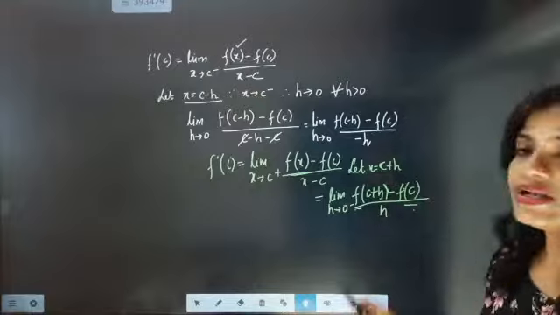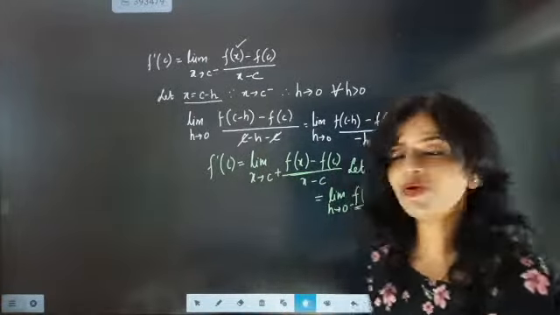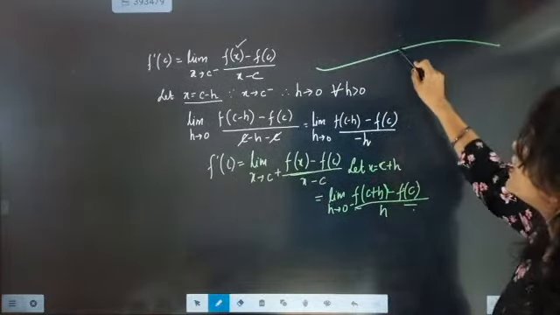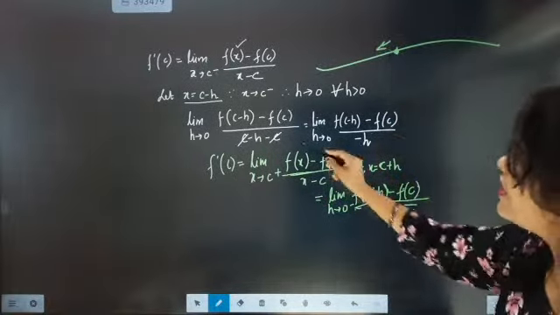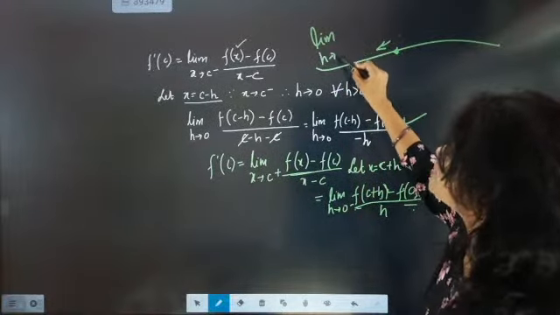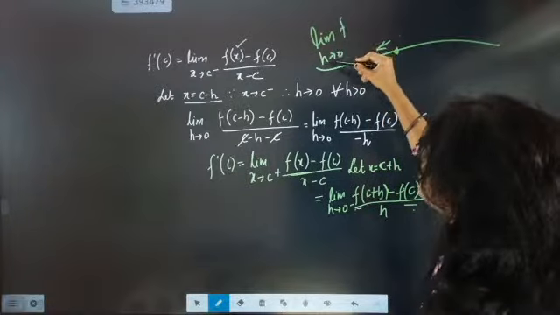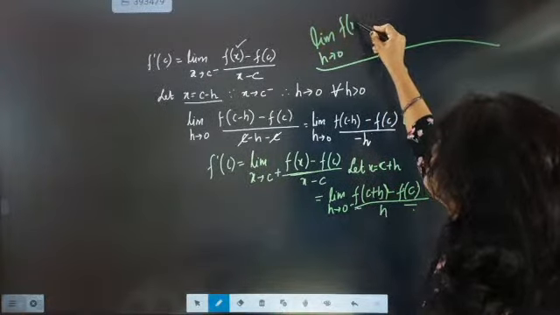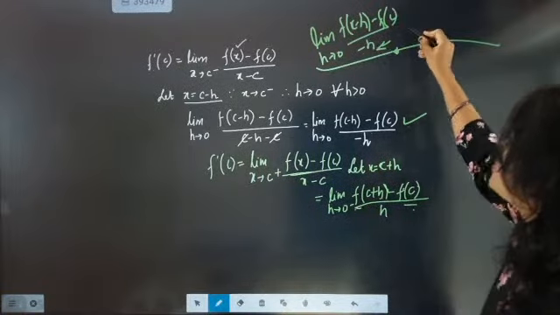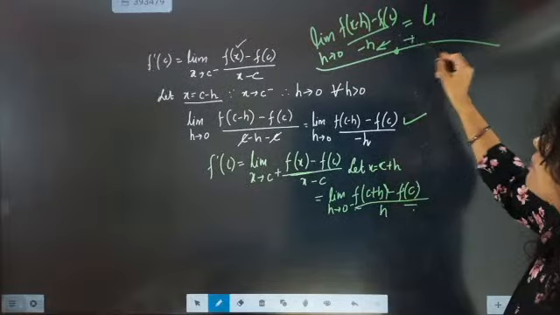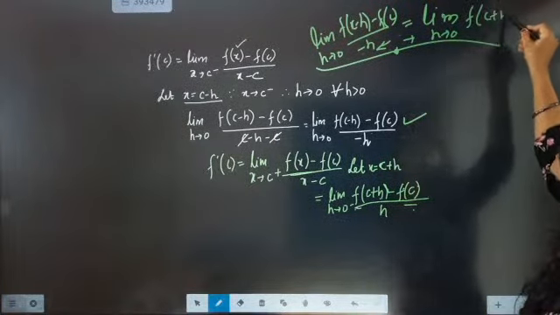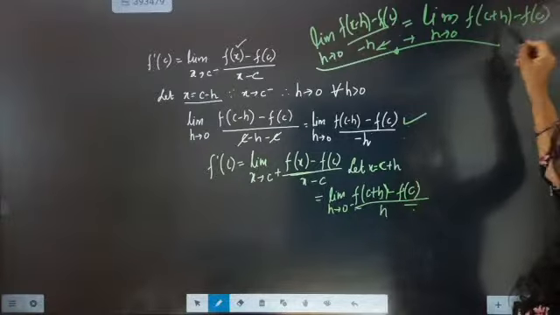Every time, we prove that a function is differentiable if the left hand derivative, that is limit h tends to 0, f of c minus h minus f of c by minus h, will be equal to the right part, limit h tends to 0, f of c plus h minus f of c by h.